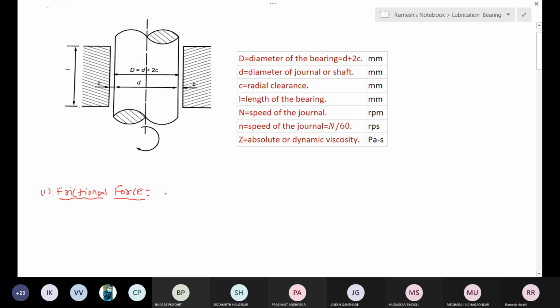We know that tau is equal to F by A, or it is equal to Z into V by H. This is there in your data input, which is equation 15.1a, the frictional force.